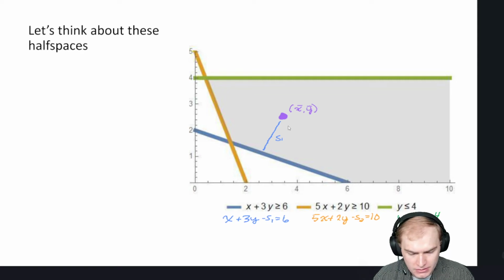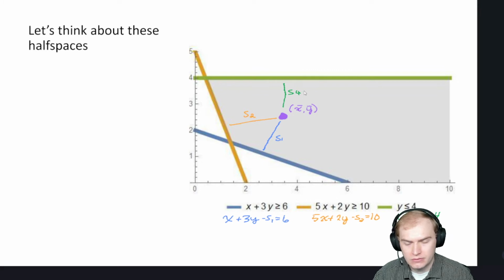So let me draw in the other slack. Not 4, it's S3. Now the book, when they add in slack variables, they just continue using x's. I find that a little confusing.